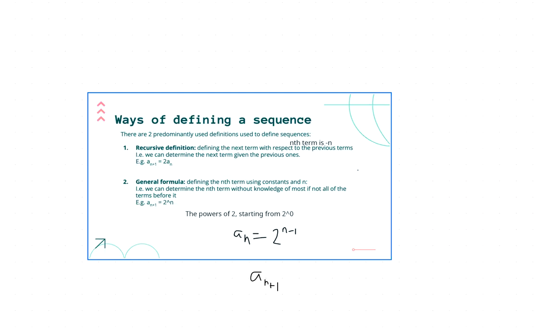So we're wondering how we can relate this to just a_n, the term before it. And we come to the conclusion that our way of doing that is by multiplying the previous term by 2. So a_(n+1) equals 2a_n. Yes, you double each term, exactly. And you want to set the first term equal to 1, right?